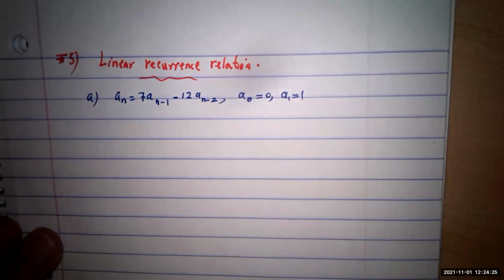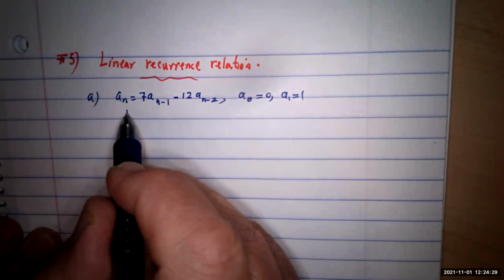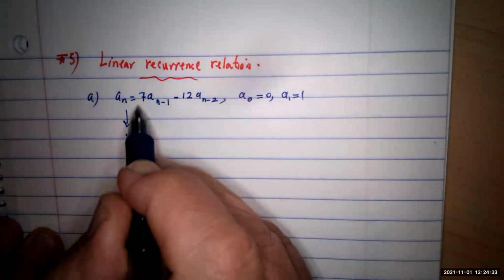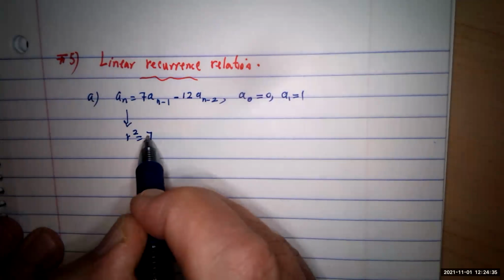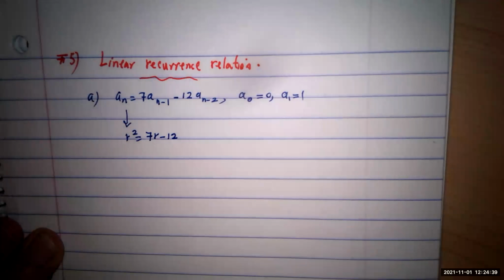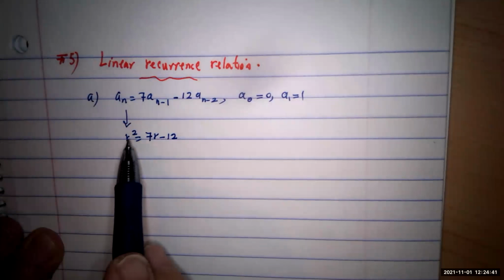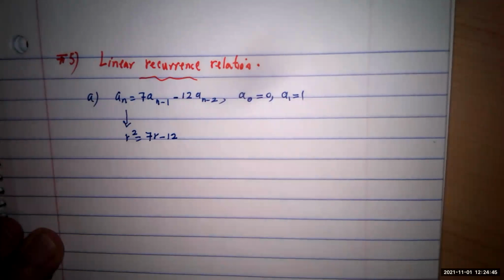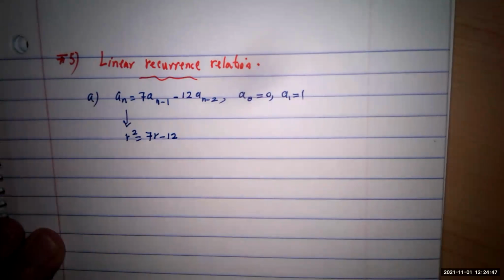Okay, remember we change it into the characteristic equation. So the characteristic equation would start with r squared equal to whatever it is here, 7 times r minus 12. That's it. The powers are 2, 1, and r to the 0. r to the 0 is 1. That's why you don't have it.